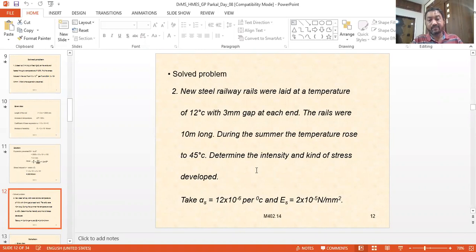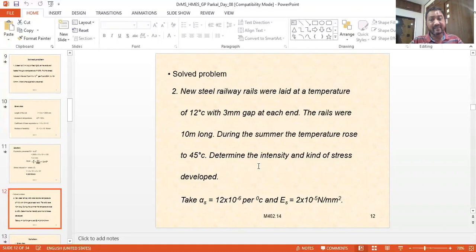Take alpha S equal to 12 into 10 power minus 6 per degree centigrade, and ES is equal to 2 into 10 power 5 newtons per square millimeter.